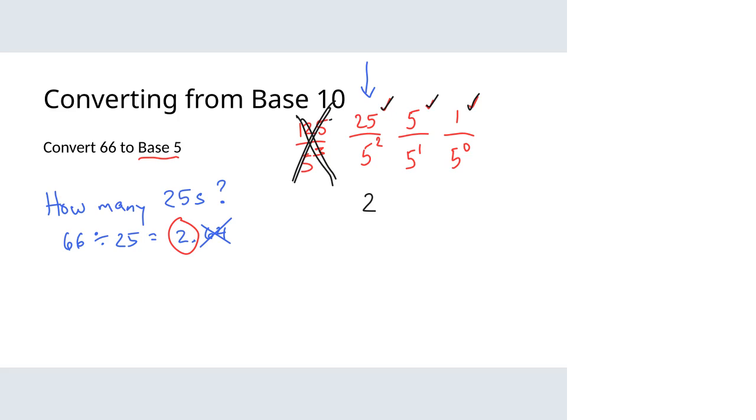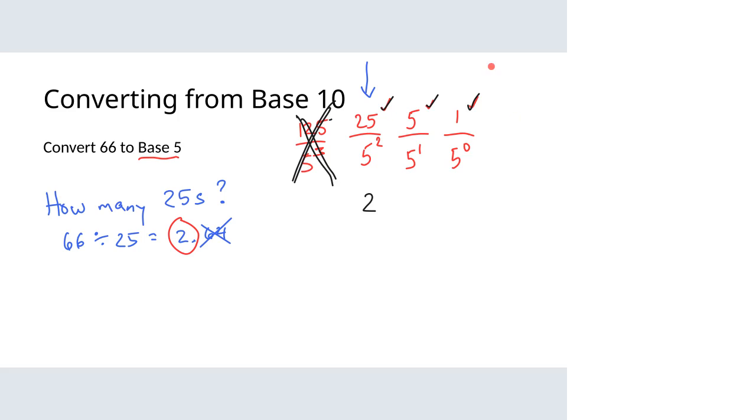And then we have to think, okay, if I have 2 25s, how much of this number have I taken care of so far? And I realize that's a weird way to phrase this, but I don't know a better way to phrase it. I'm trying to build the number 66. Right now I have 2 25s. Excellent, Leslie, Nicole, perfect. I have 2 25s, so far I have 50.